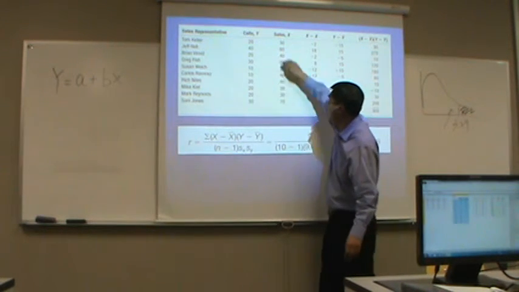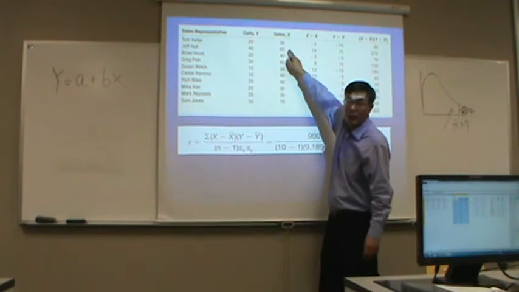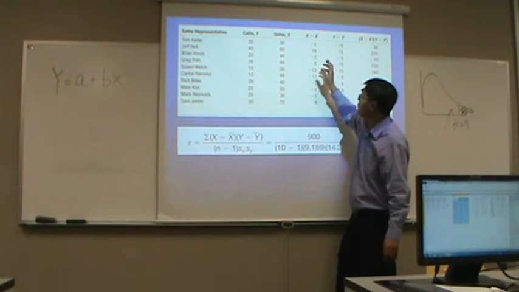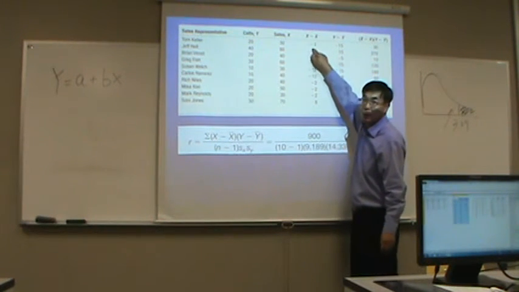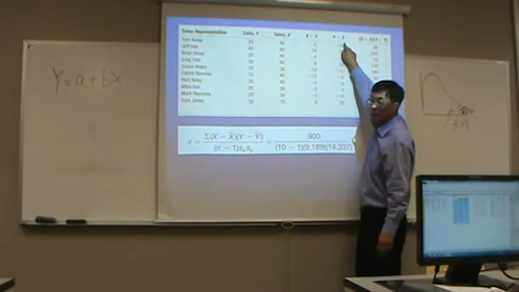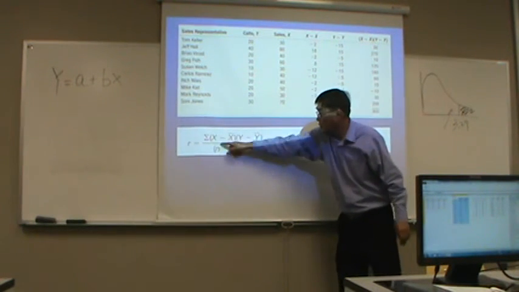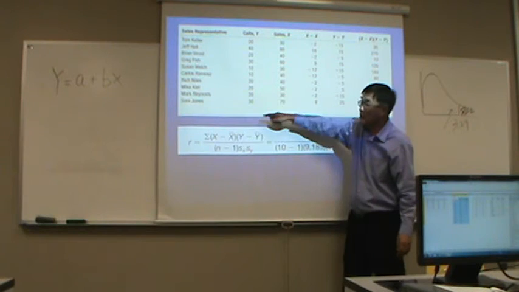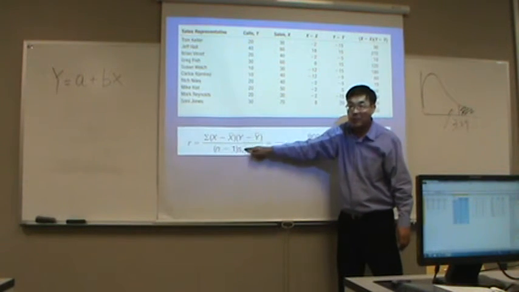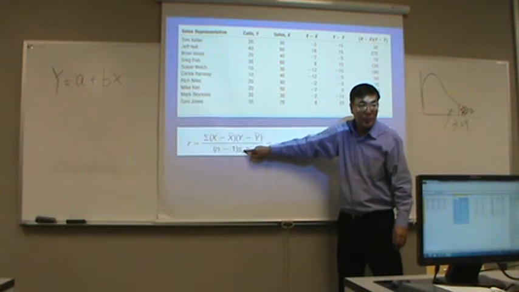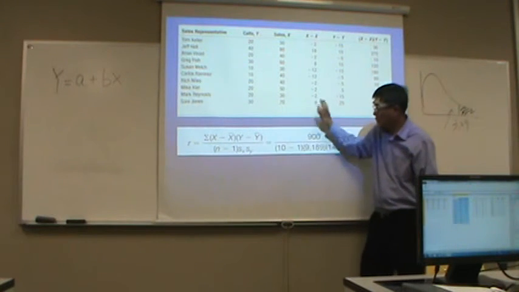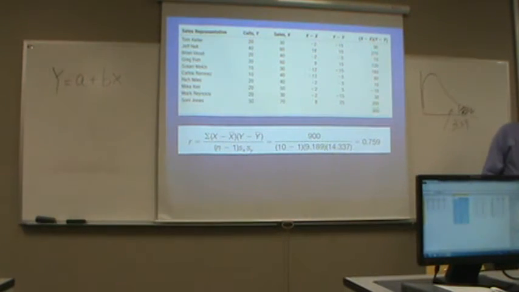So add all x and then divide by n, which is 10, then x minus x bar, y minus y bar, divided by n minus 1, which is 10 minus 1, 9, the standard deviation of x, the standard deviation of y, and so on. And you can get those numbers when you do the next step. Okay, I will show you.